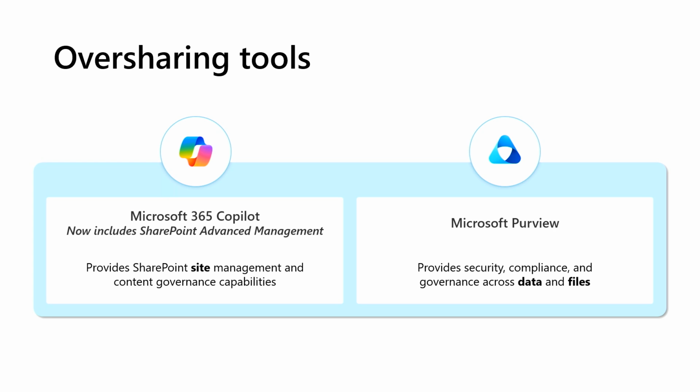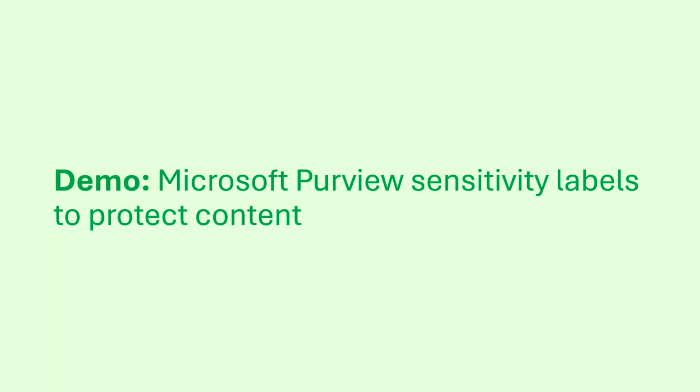One is with SharePoint Access Management, which provides site-level management capabilities, and then the other is with Microsoft Purview, which is where we provide security governance and compliance around data and files. And I think these bolded words are very important for you guys to understand here. This is sort of how I think of the primary difference between these two things. Anyway, let's bring Erica back up on stage to demo how Microsoft Purview sensitivity labels can be used to protect content.